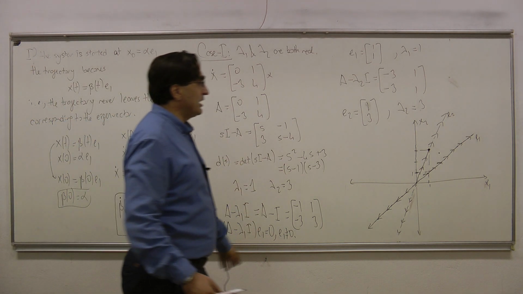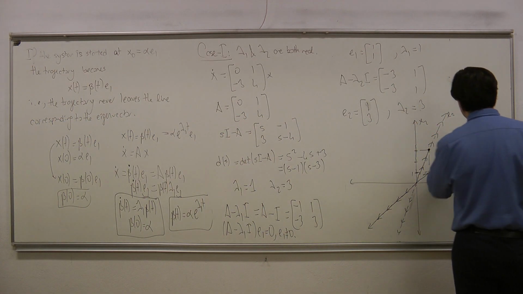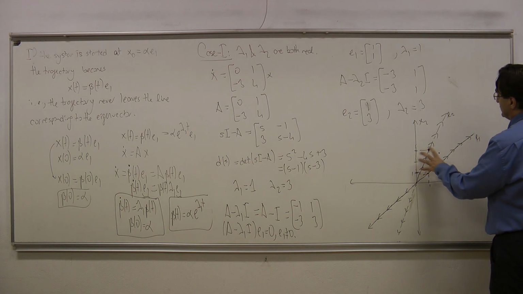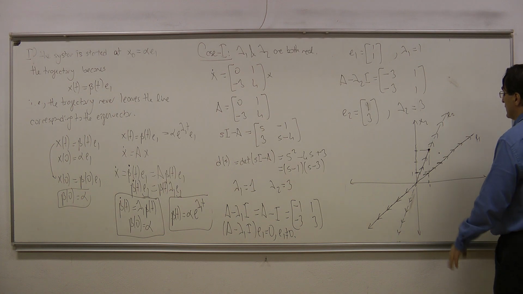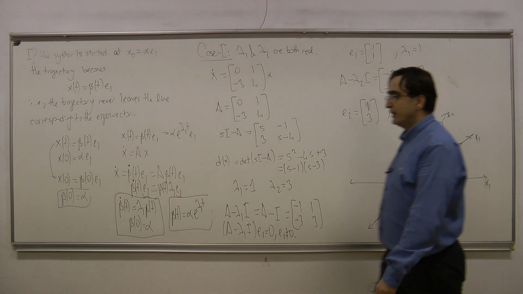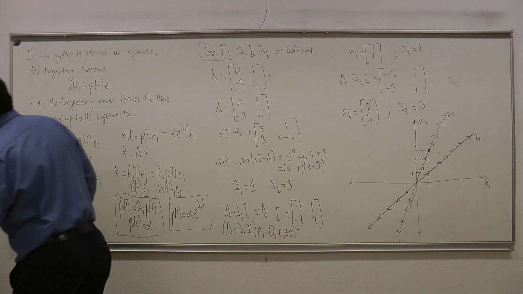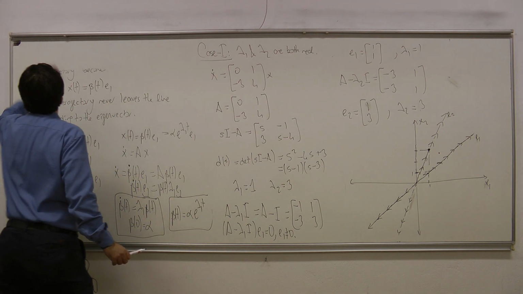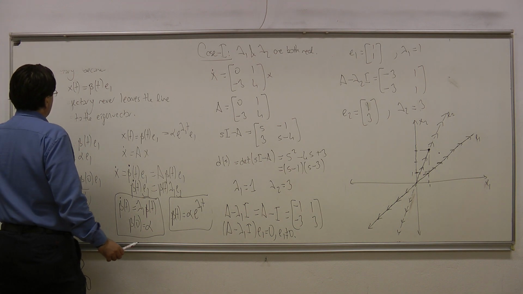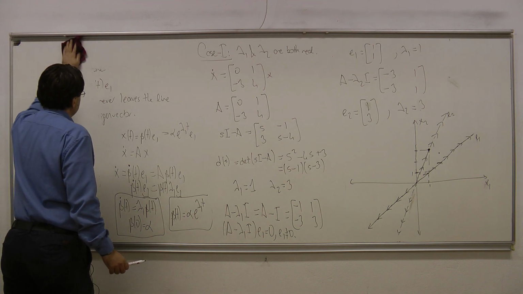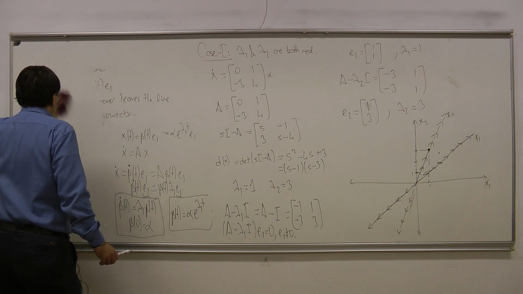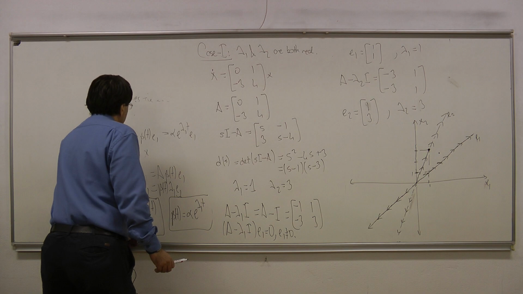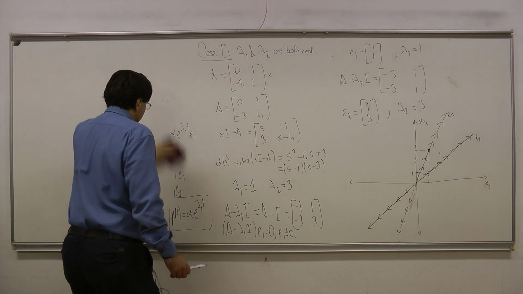So here, in order to understand the behavior of the system started somewhere not on these lines, we are going to be defining a new state vector. Okay? And here is what we are going to do. I'm going to define new state coordinates, and I will try to examine the motion of the state on these new coordinates. Okay?